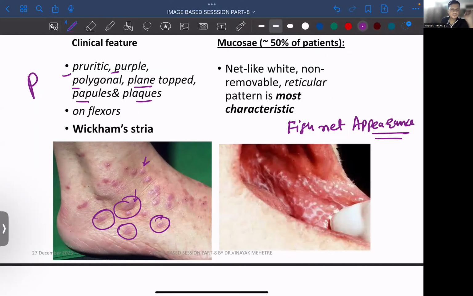This is your recent question. Remember, psoriasis is silvery white; lichen planus, P stands for purple. So a purple color lesion with fishnet pattern in the mouth will be lichen planus.